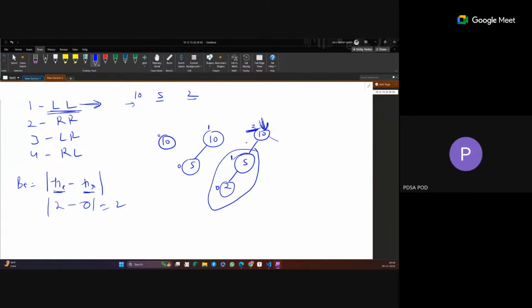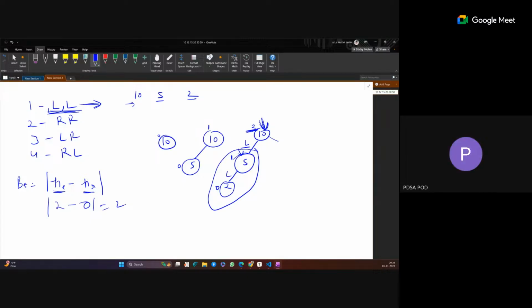Left side. So the left side height is greater from this 10. This is what the first L represents. Now we will move to the left child of this 10. From this node, again we will see which side height is more, left or right.